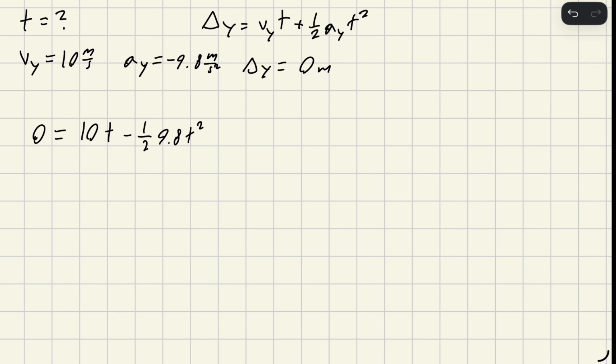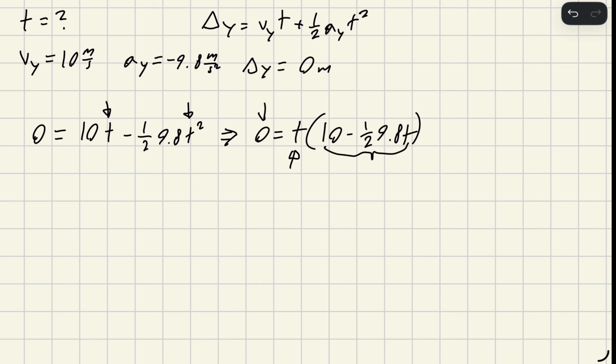We could use the quadratic equation to solve for this, but we could also just use a little algebra trick. We can factor t out of both of these, and we get that 0 equals t times (10 minus 1/2 9.8 t). This tells us that either this t equals 0 or the inside here equals 0, because we have the 0 on the left-hand side.